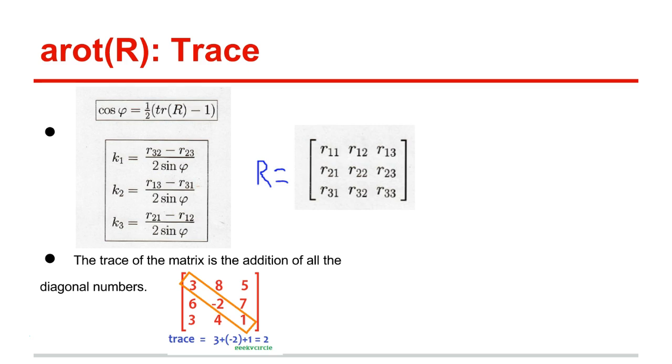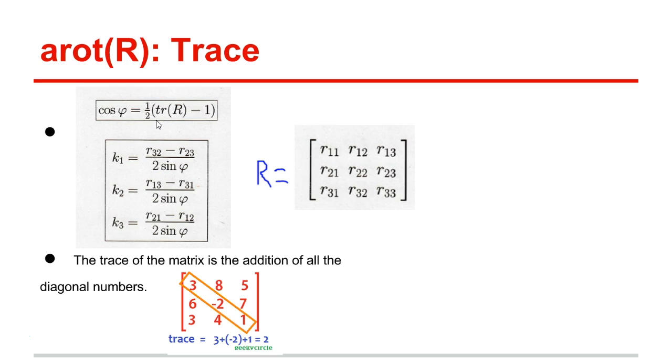So the trace of the rotation matrix, it sounds fancy, but all it is is just adding up the diagonal components of the matrix. So below you can see right here that this is a matrix, and all I'm doing is adding up the units diagonally. So if you follow this order, you'll get the angle that the rotation matrix has.